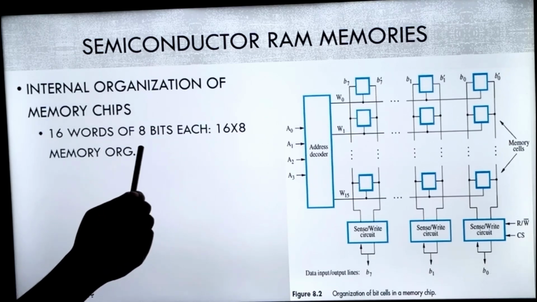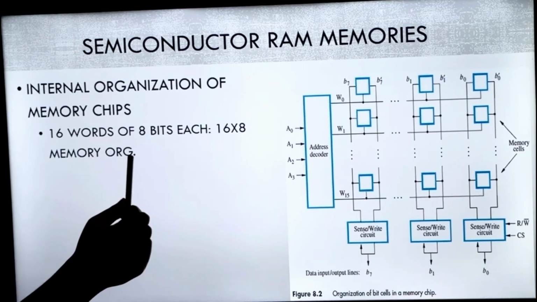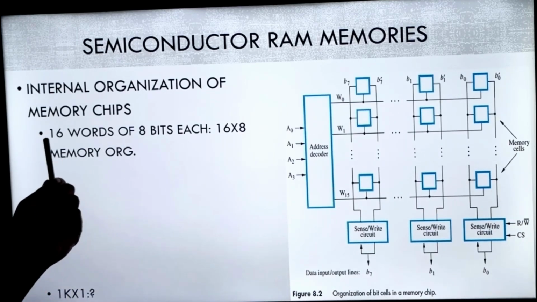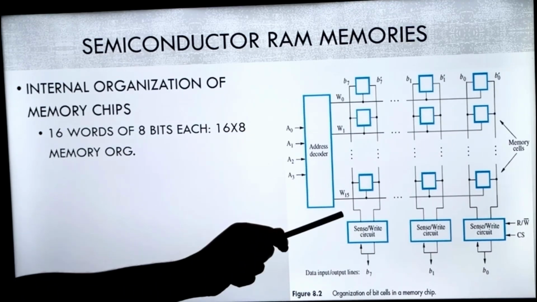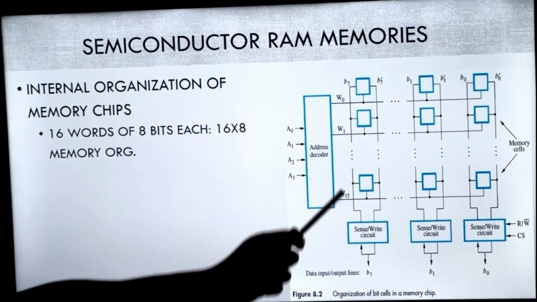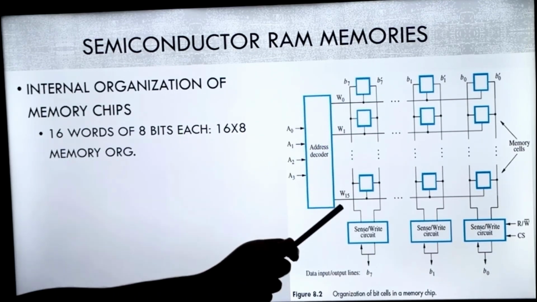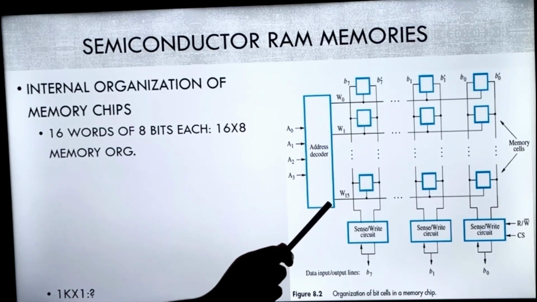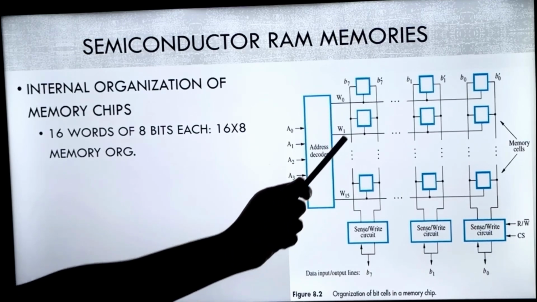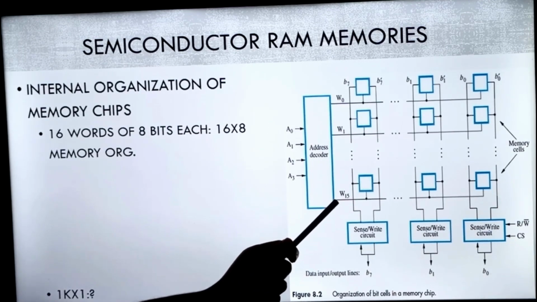Now can you draw the block diagram for this arrangement? Yes. This is the block diagram for this question only. What do we have? 16 words, so word 0 to word 15. First you draw all the words. Now to choose any one of these words, since you have 16 different words, you have to use a 4 to 16 decoder. So that if it is 0 0 0 0, you will go here, 0 0 0 1 next, and 1 1 1 1 last one. We know that.